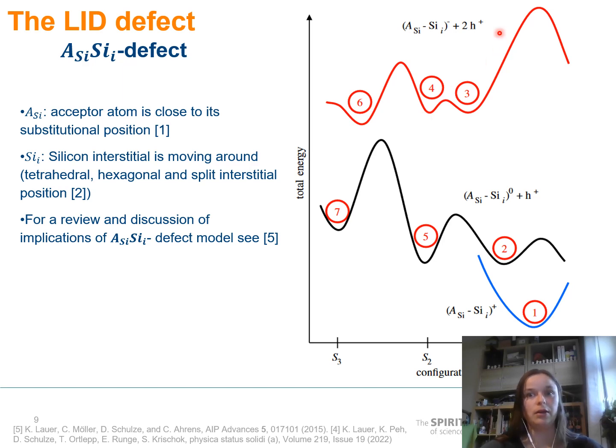The neutral and negative charge states include 3 configurations, S1, 2, 3. The configuration changes can be achieved during illumination and annealing treatments. Energy barriers or activation energies must be overcome in this process.